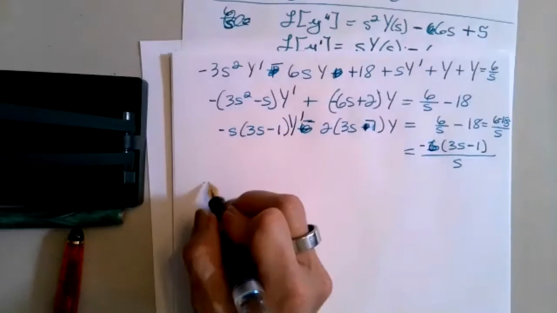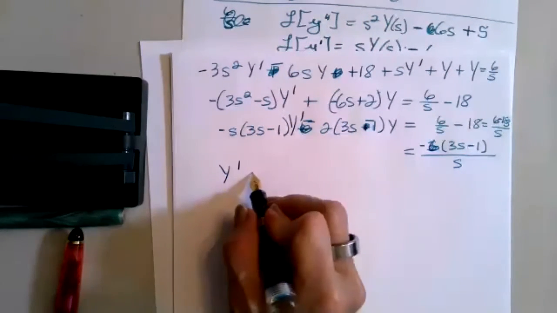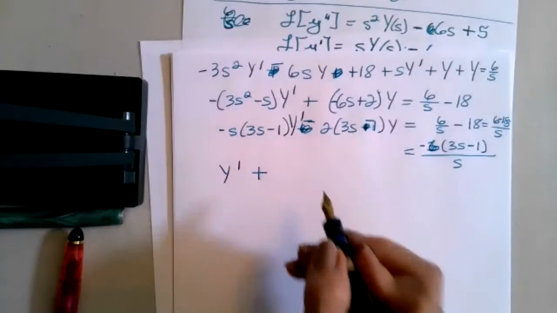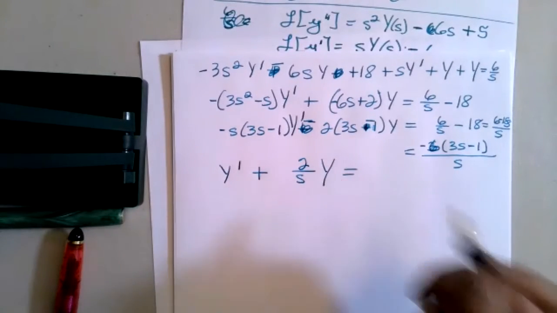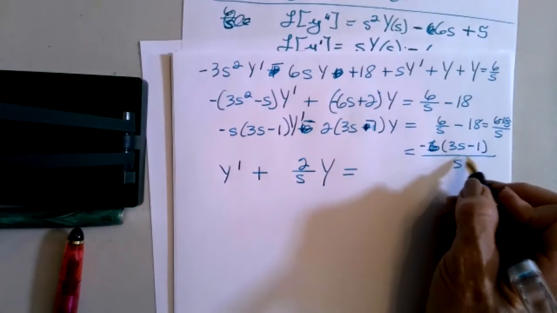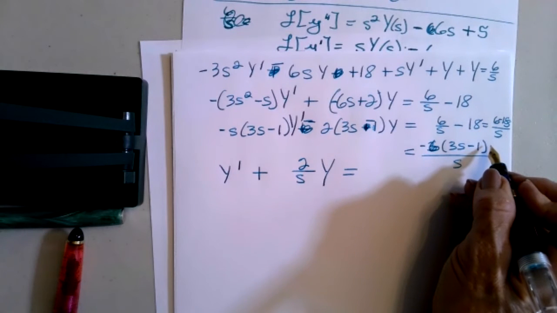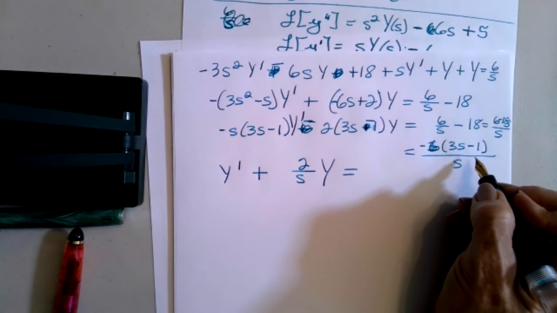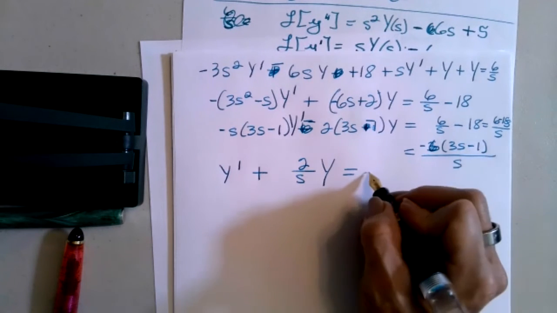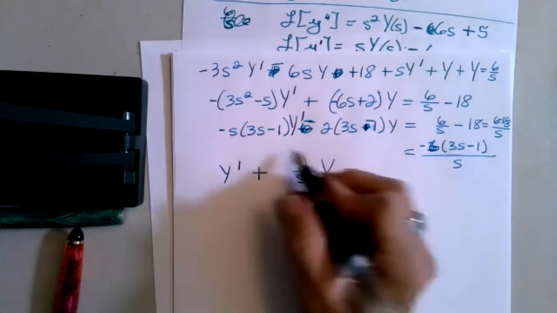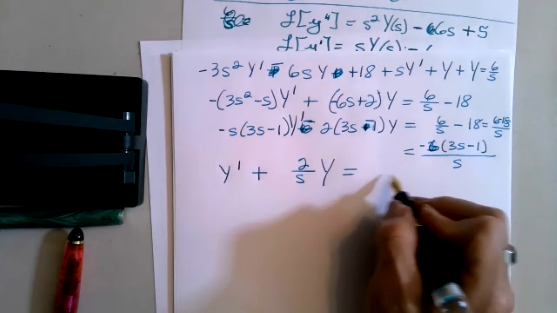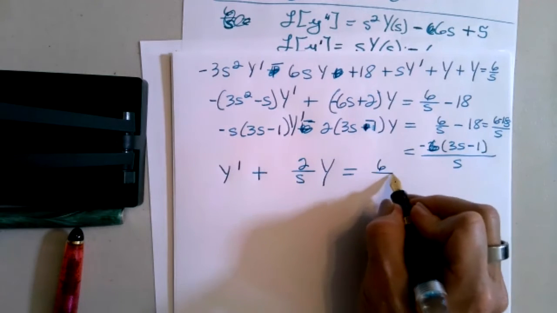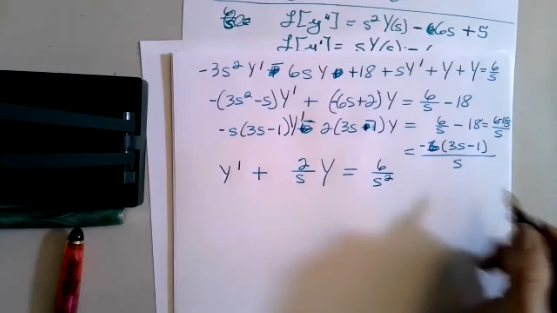And don't forget the y prime. Okay, so the minus and the minus gives this, and I get a 2 over s times y. Now I'm dividing by the 3s minus 1, that cancels. Dividing by the s, I see, there's where my mistake was. When I divide by s times 3s minus 1, and a minus sign, I get a 6 over s squared. And there was my mistake.